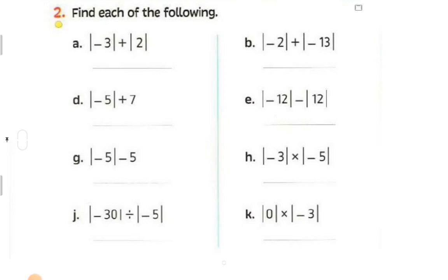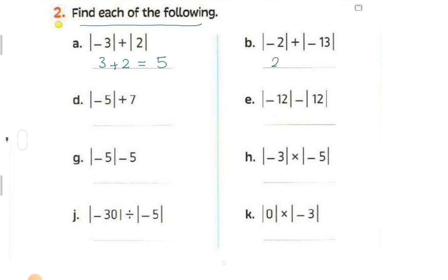Question number 2. Find each of the following. Point A, absolute value of negative 3 plus absolute value of 2. Absolute value of negative is positive, and positive is itself, equal 5.